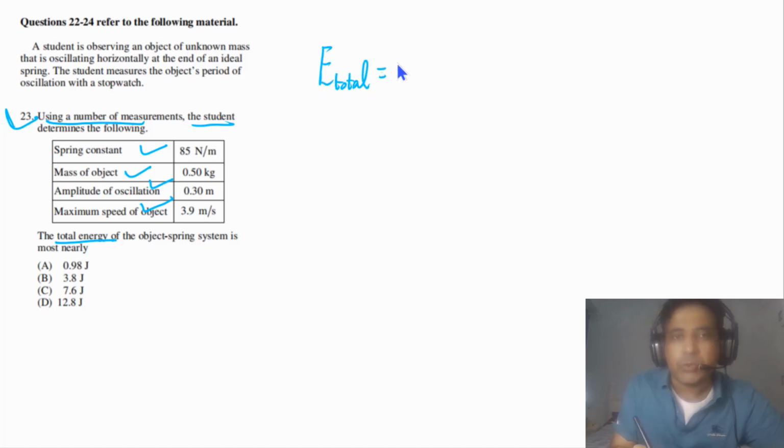One way to determine the total energy of the spring mass system is to simply calculate it by EPE, meaning the total energy of the system is equal to EPE. So we can use 1/2 kx squared. In this case we are talking about the maximum energy, meaning the total energy. So this is the amplitude.